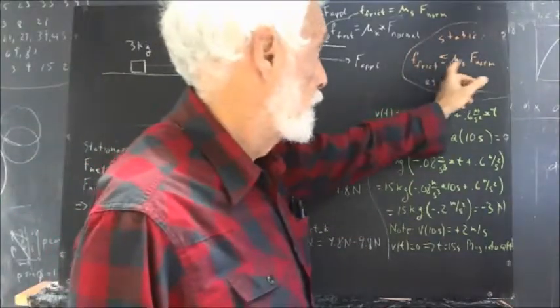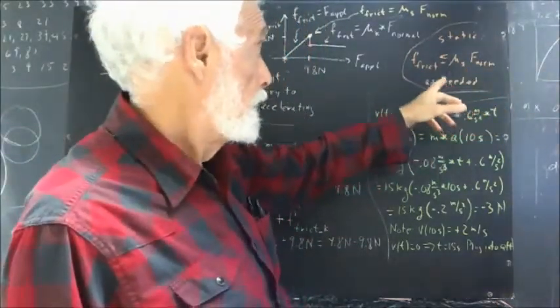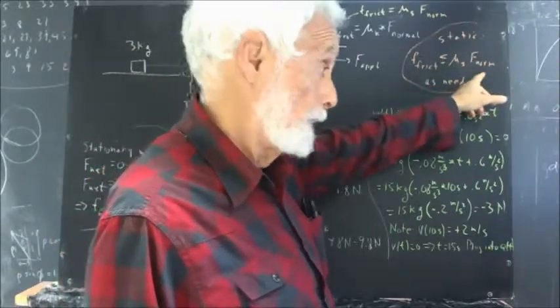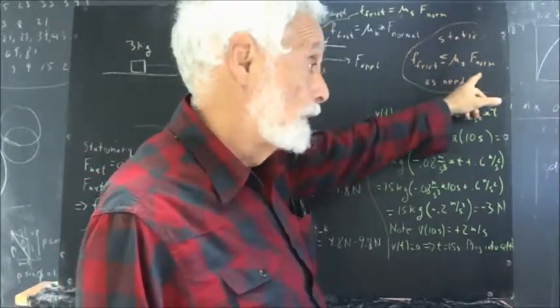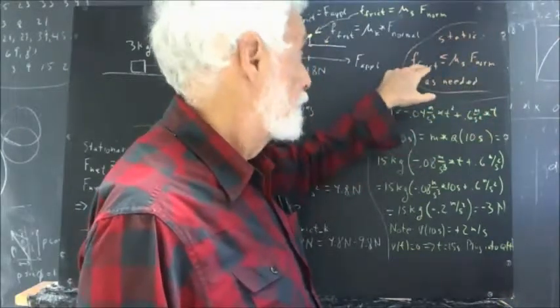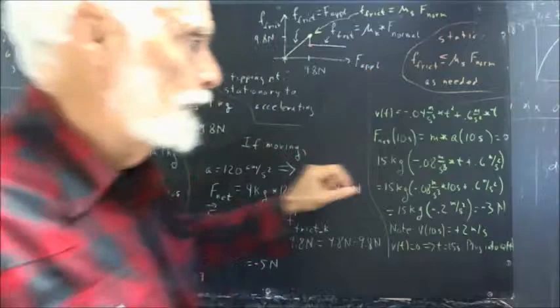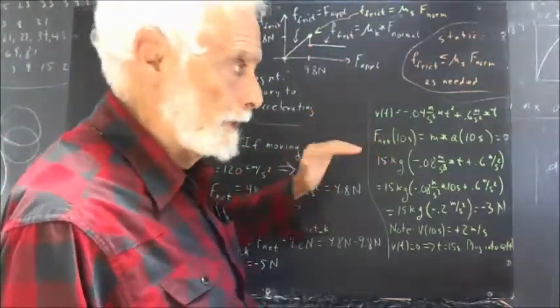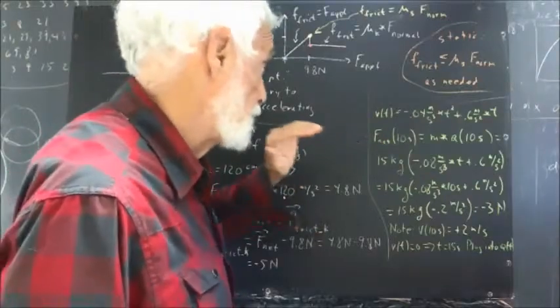So, that's the reason for the inequality. Don't make the mistake of thinking of the frictional force as equal to the coefficient of friction times the normal force. It's only equal if all that force is required to keep the object stationary relative to the surface on which it's sitting.